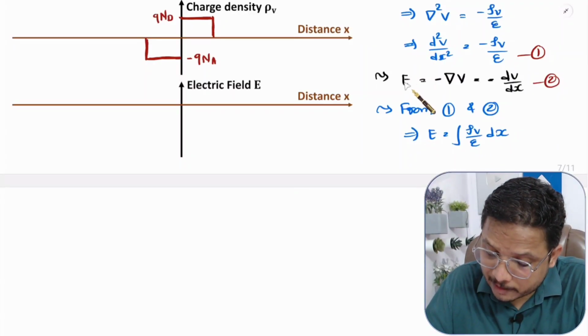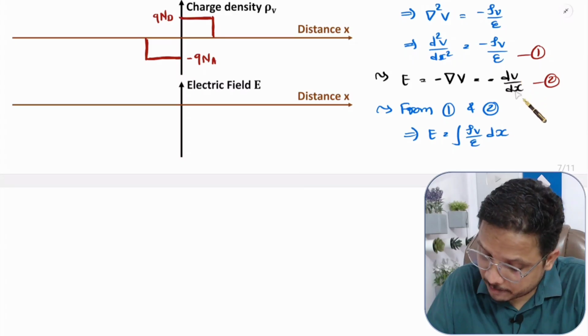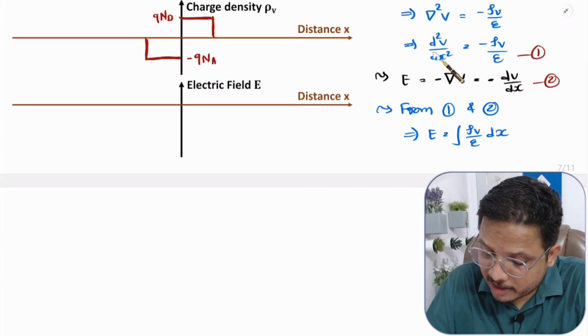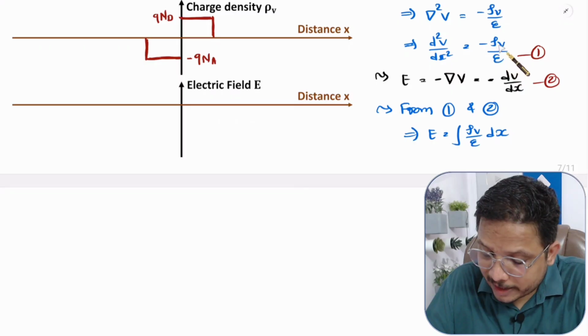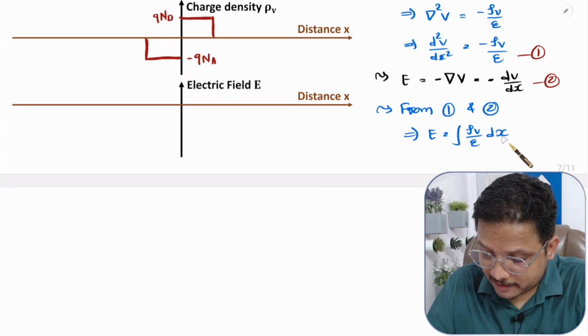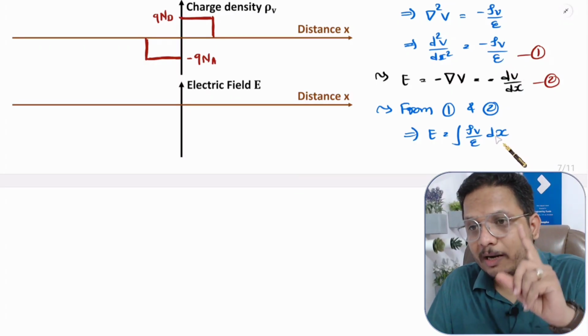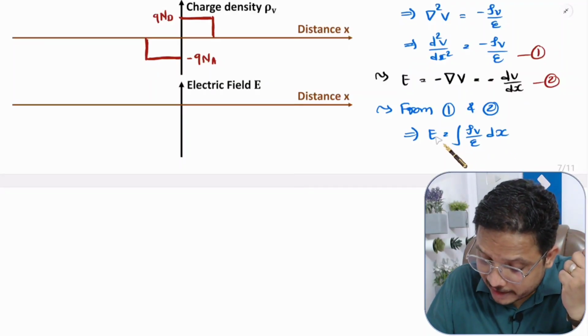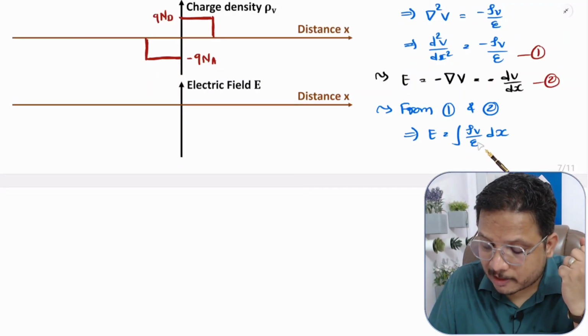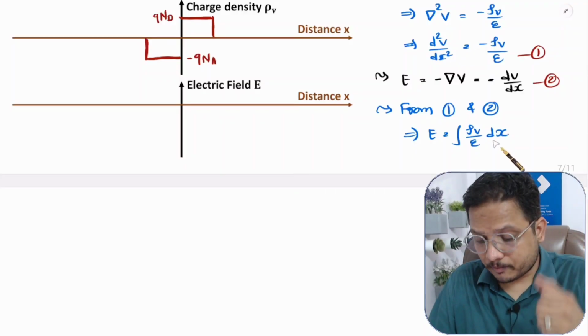This electric field is single differentiation of V with respect to x, and this is double differentiation of V with respect to x, that is equal to rho V by epsilon. So if you wanted to have this E in form of this, then you will have to integrate this with respect to x, right? You will have to cancel out one differentiation by having integration. So E is integration of rho V by epsilon dx, right?